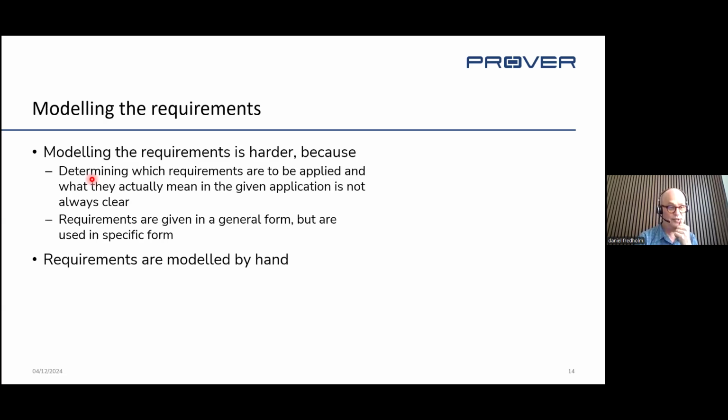But since the systems we have in Sweden can be quite different in nature, the actual requirements that you want to verify on each of these systems will not be the same. You need to massage whatever is written in the regulation, sometimes quite a lot, in order for it to make sense for a particular system.